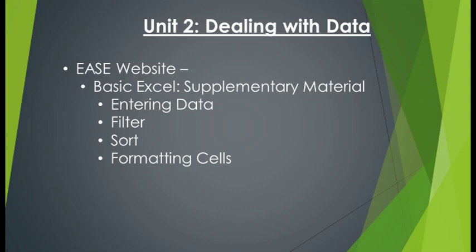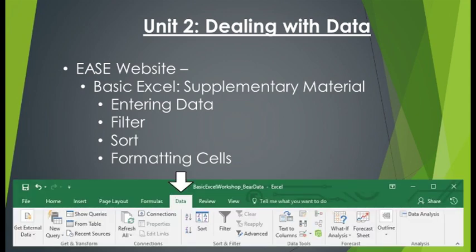It also includes a few practice problems for you to do the functions on your own. It covers how to format cells, for example, adding borders or limiting the numbers in a cell to 2 decimal places. Most of the other functions are done using options in the Data tab, as seen in the screenshot here.